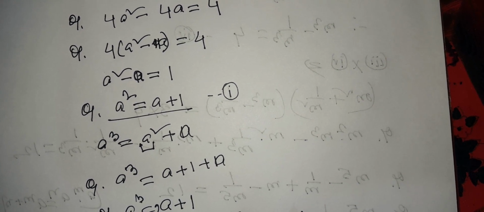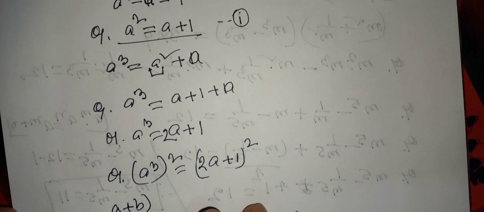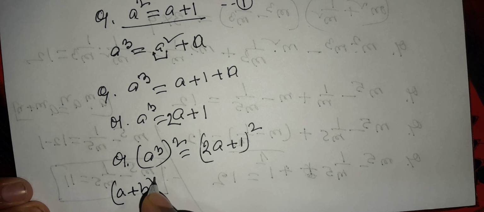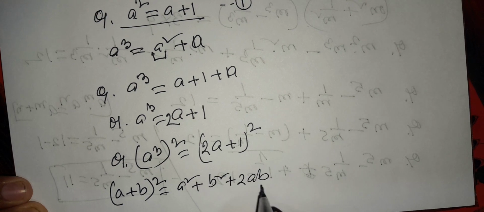So we use the formula (a plus b) all square is equal to a square plus b square plus 2ab. So we can write a to the power 6 is equal to 4a square plus 4a plus 1.